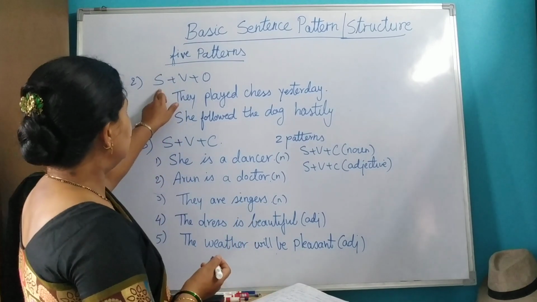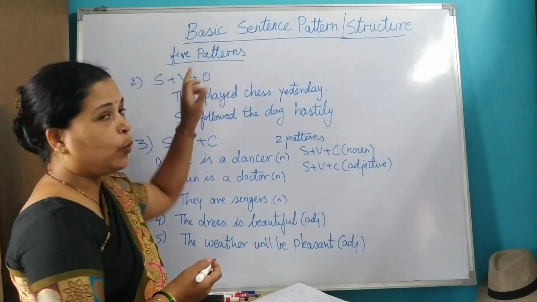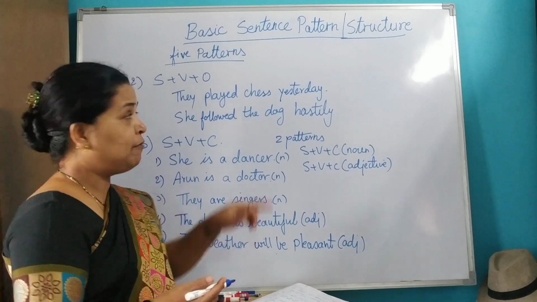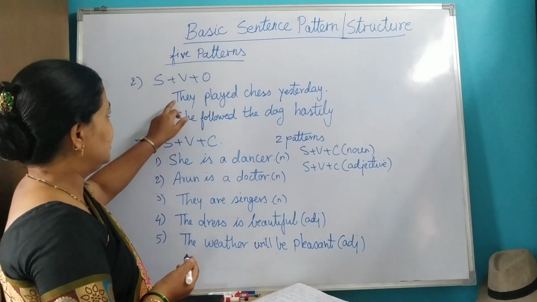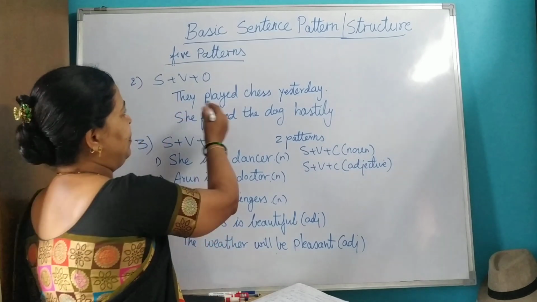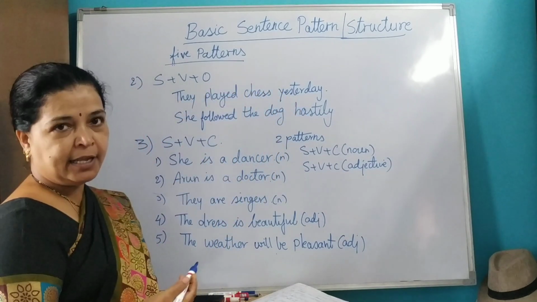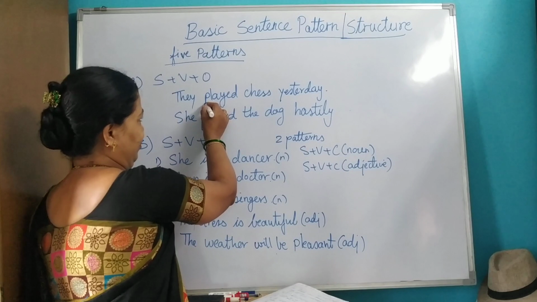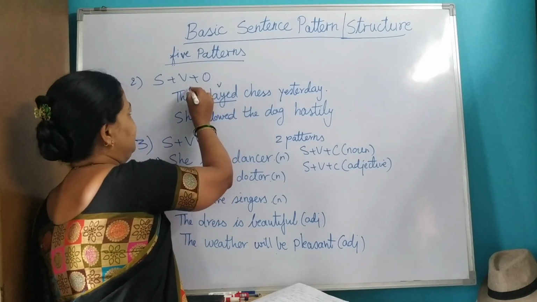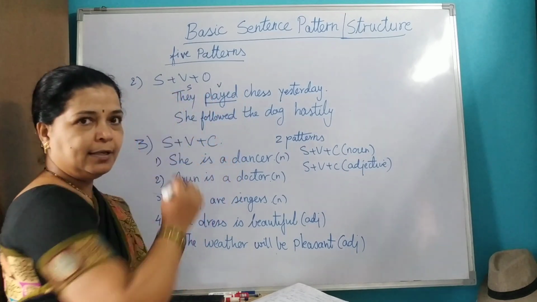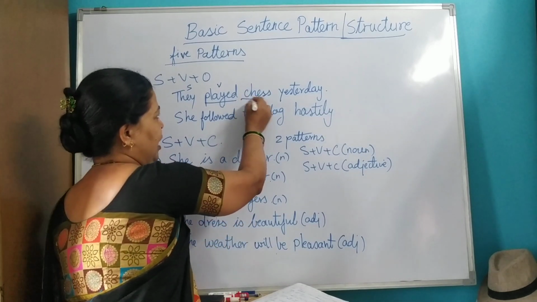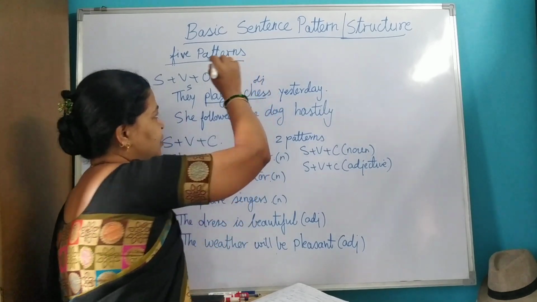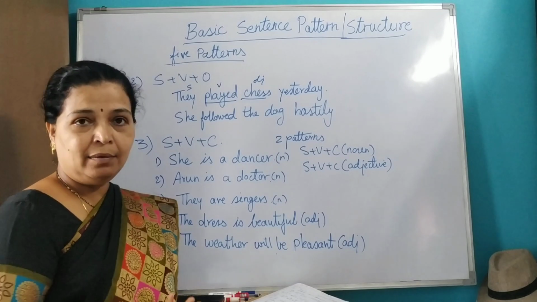Now here in this pattern S plus V plus O, we can add an adverb after the object. Look here: they played chess yesterday. Here played, the verb. Who played? They, subject. Chess is the object. Played when?